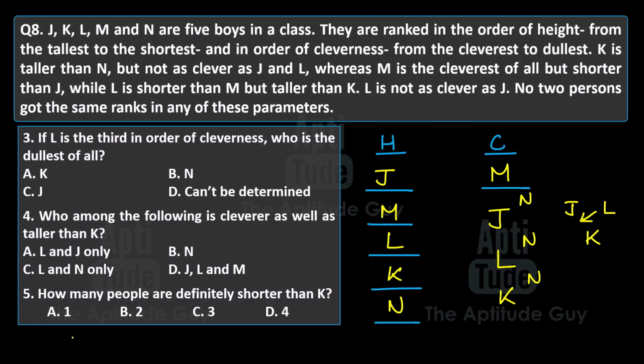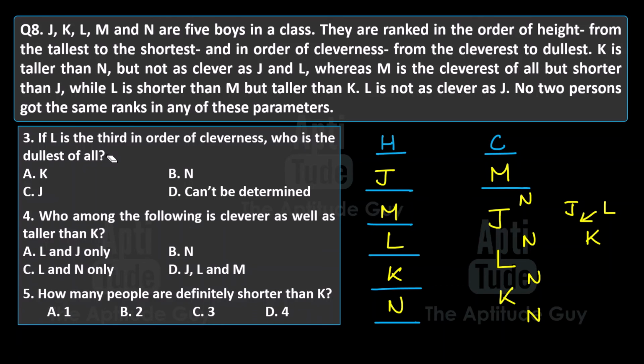If you go back and watch it, you'll understand. If there is a change in the order or in the arrangement for one particular sub question, that change is only for that particular sub question. When you go to the next sub question, like in this one, you have to go back to the original arrangement. If you do not add this N back, then you will definitely get the wrong answer.